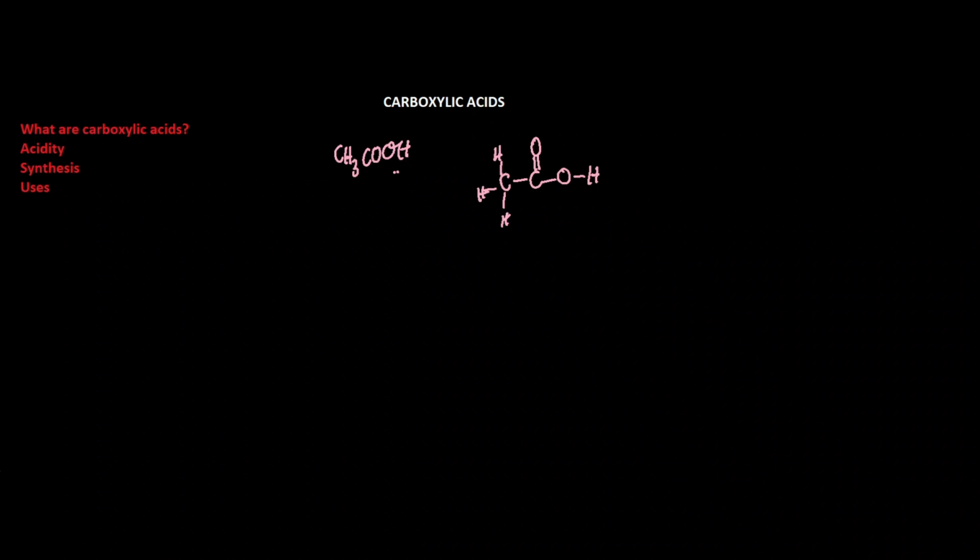Now ethanoic acid is an important solvent in organic chemistry. Okay, and this is a good example of the production of carboxylic acid from fermentation of sugar. So yeast ferments the sugar and it's converted into ethanol, and ethanol is further oxidized into ethanoic acid.